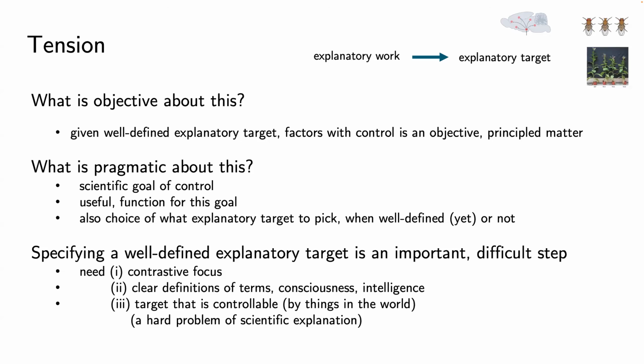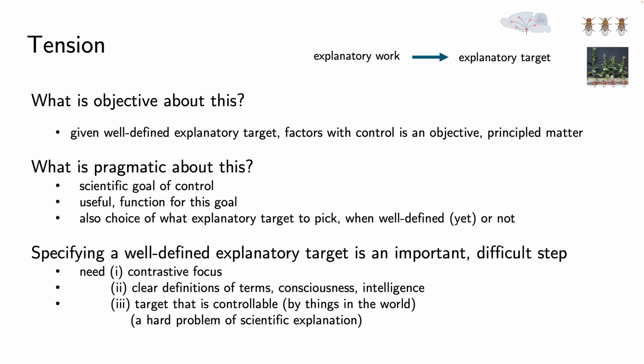But we often specify explanatory targets in medicine on the basis of a shared causal process for the target. So when you group patients together and you say they have schizophrenia or disease Y, you're hoping that they all have the same shared causal process that produces their disease outcome, but you don't know that yet because you don't know the causes.